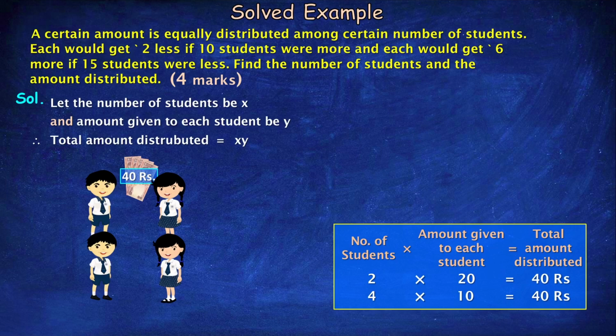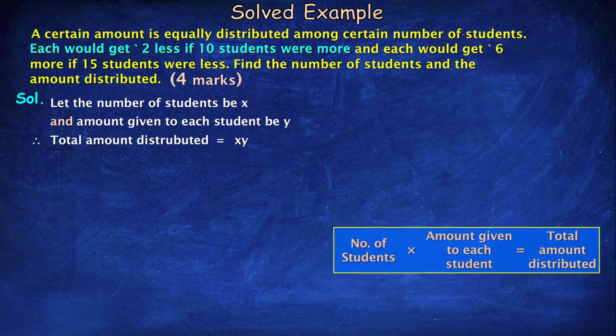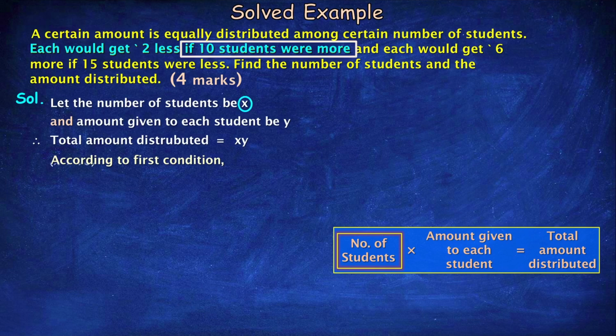Now what is the first condition? The first condition given here is each would get 2 less if 10 students were more. So now the number of students are x. According to this condition, number of students will be x plus 10 because 10 students are more, right?